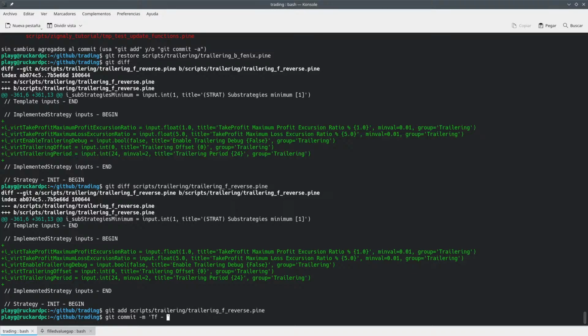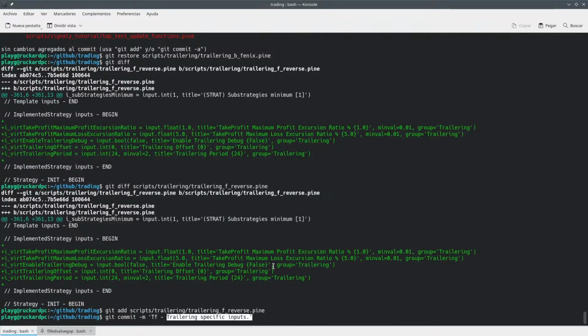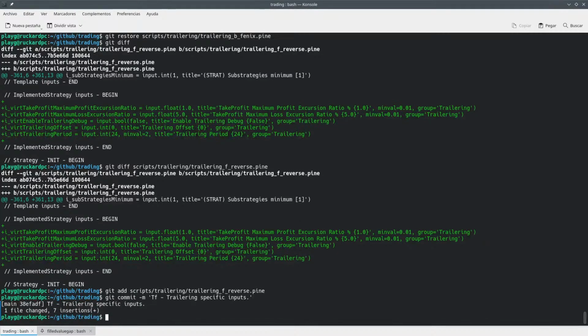Yeah, just use whatever commit we have. Trailering specific inputs. There are going to be more of those, but so far these are the ones that we want to use.